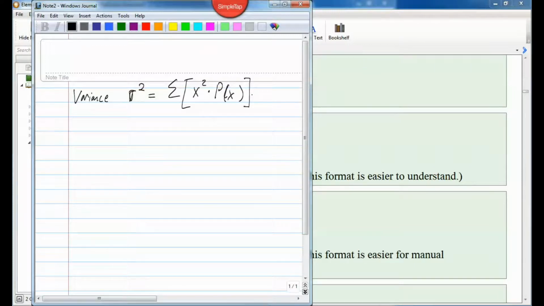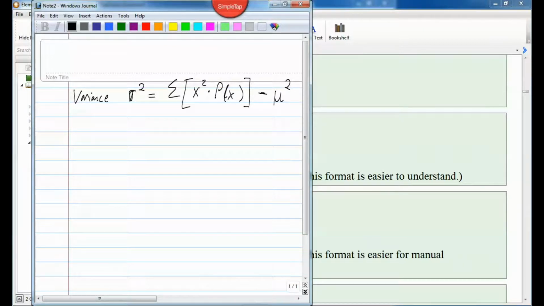So you do that, and then you say minus the mean squared. All right, that will give you the variance.